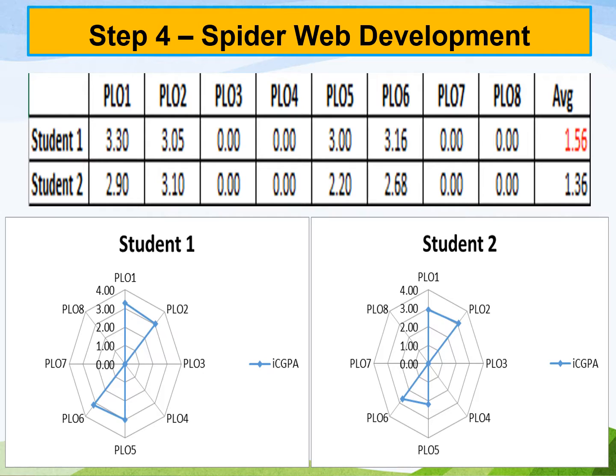And now when we compare student 1 and student 2, we can see that student 2 is weaker in PLO number 5, which is communication, leadership, and team skills.